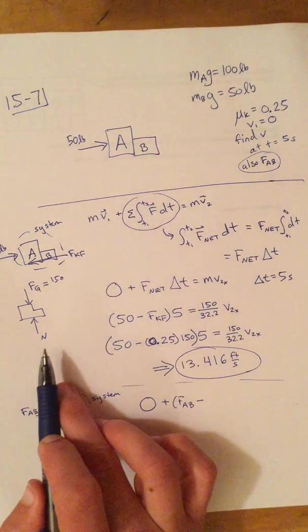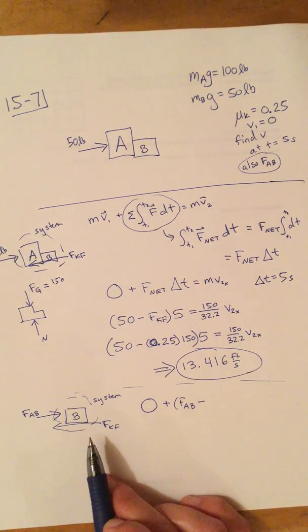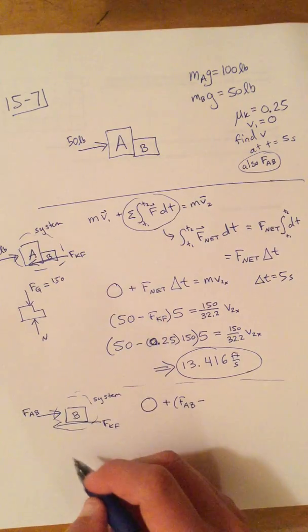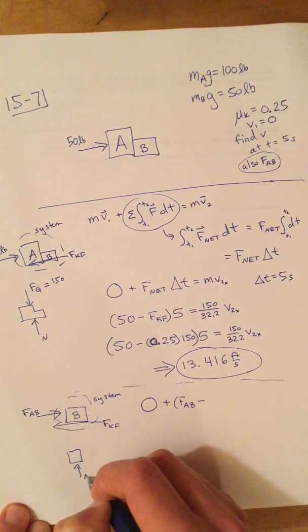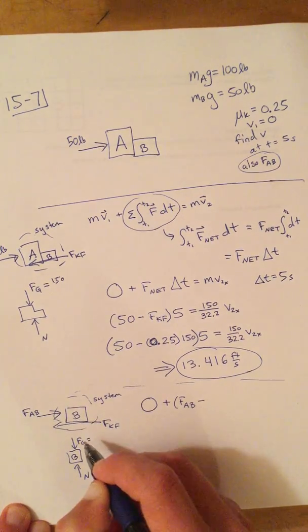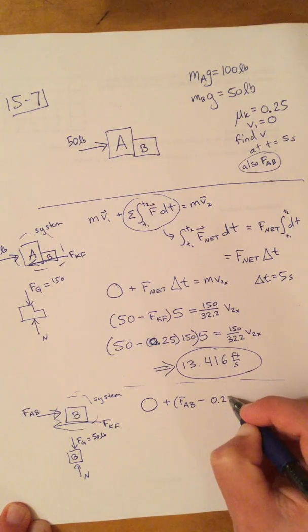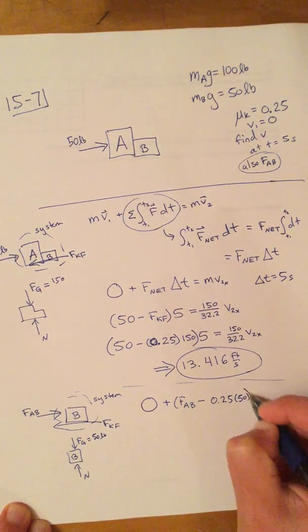Again, the only forces in the vertical direction are the normal force and the force of gravity, so the normal force is equal to the force of gravity. The force of gravity, just for block B, is 50 pounds, so this is 0.25 times 50.